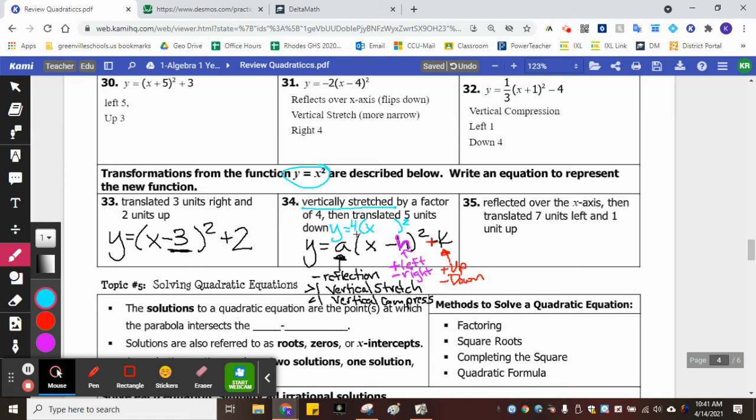And then it says down 5, 5 units down. So H is left and right. So we don't need an H. That's just going to go away because that's left and right. So H is just going to go away. And down 5 is on the outside, 5. Down negative, so minus 5.